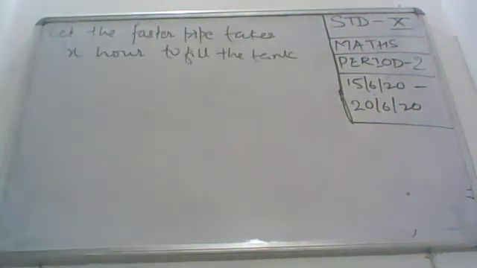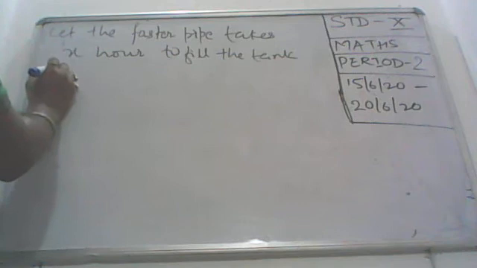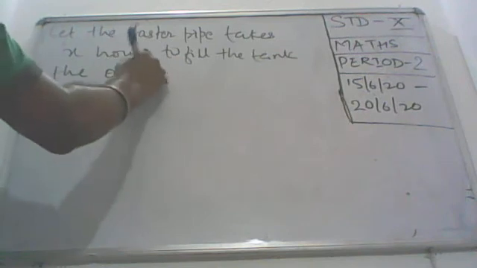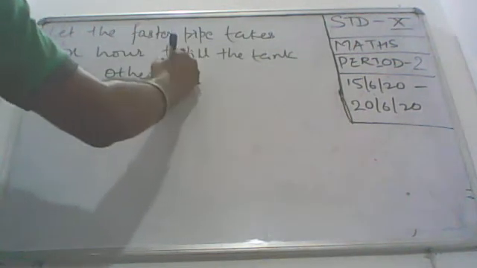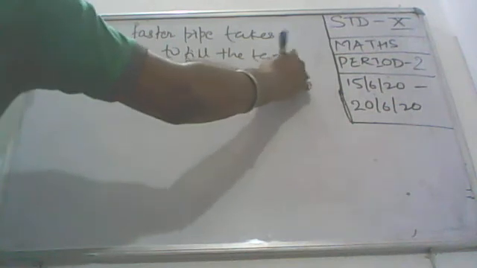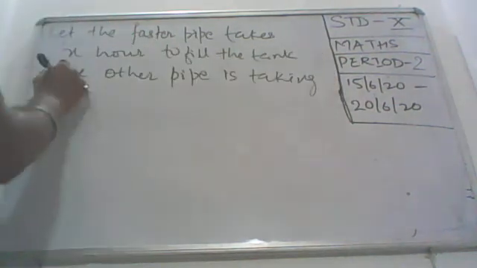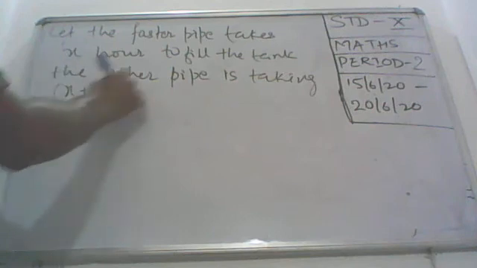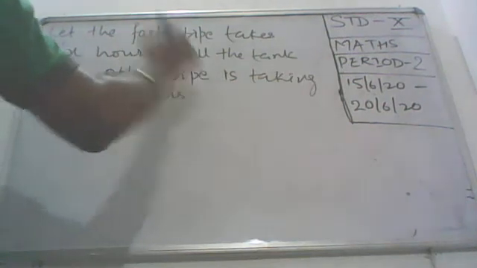Okay, this is the first, faster pipe. Then the slower pipe will take how much time? Tap or pipe, whatever you say. The other pipe is taking 3 hours more. That means x plus 3 hours. Okay.